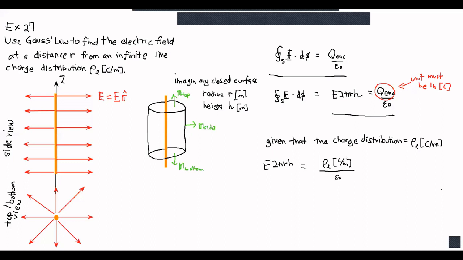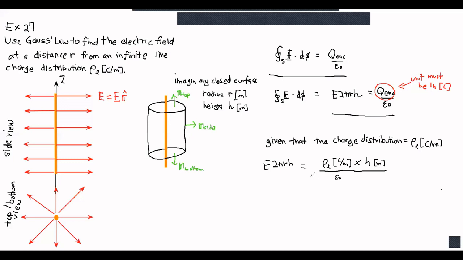In order to have the unit here as coulomb, we must eliminate this per meter, so we have to multiply with the height of the charge distribution, which is also the height of our imaginary closed surface.